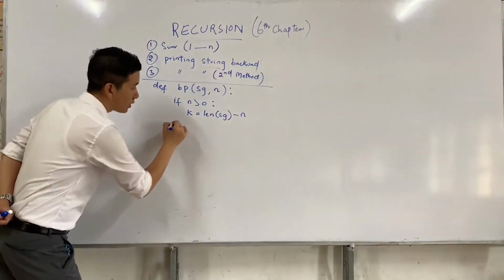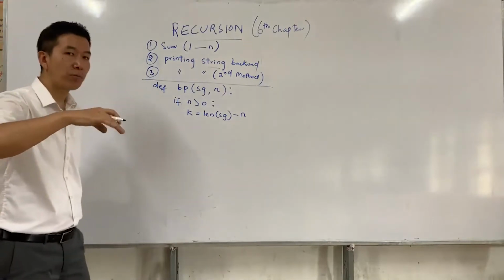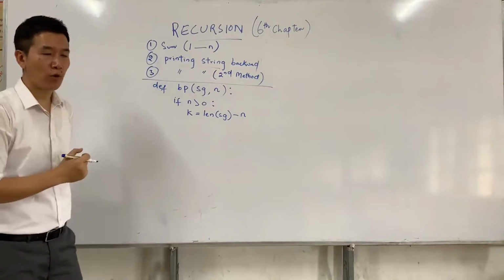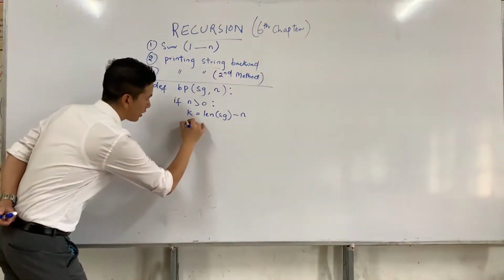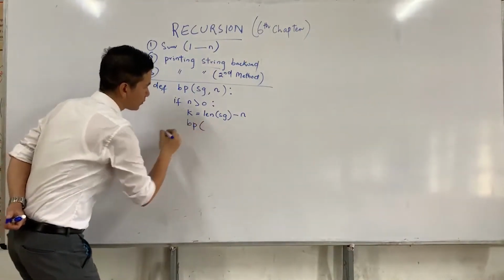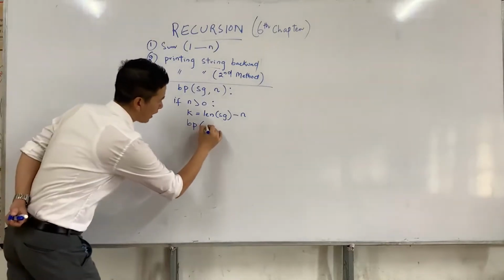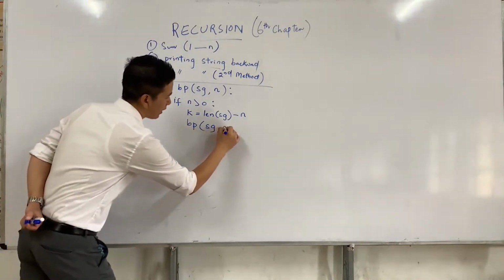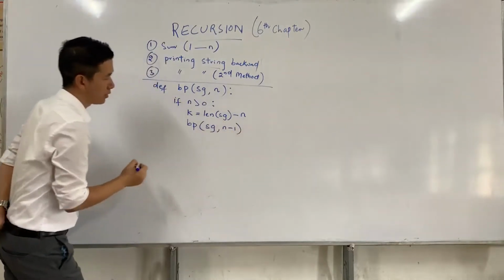So now this time, instead of printing the characters first, we'll make the recursive call. So this time it will be BP, and then you will have S, and then again you will have N minus 1.